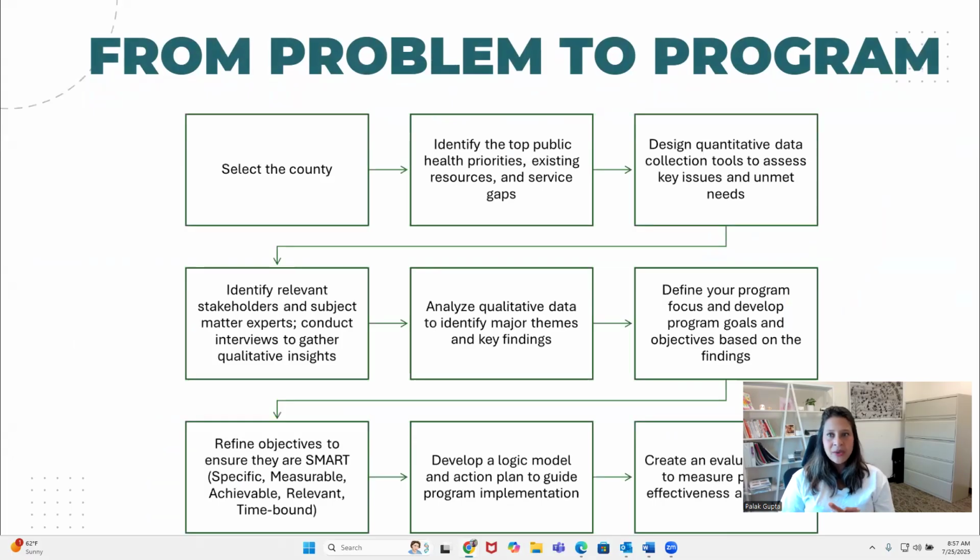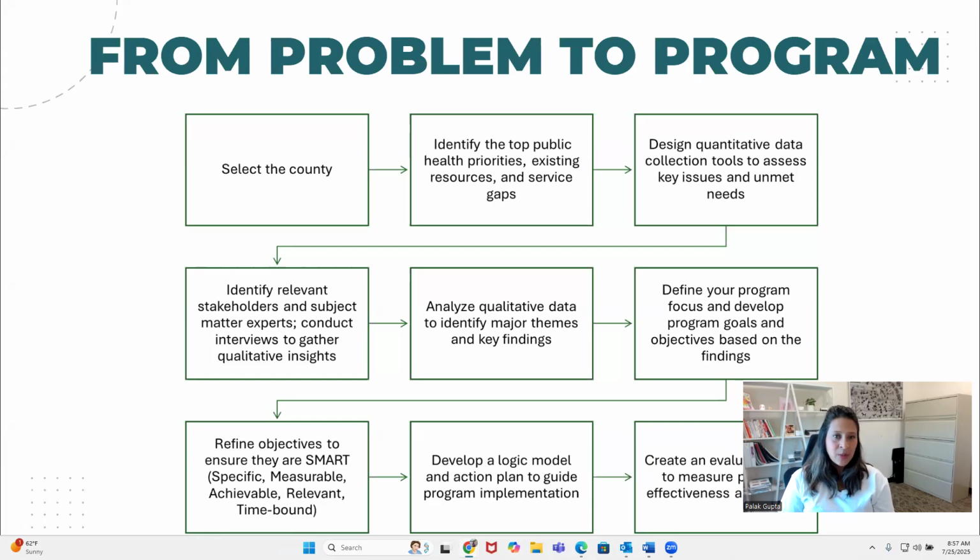So this slideshow shows the step-by-step process our students follow to move from identifying a real public health problem to designing a practical evidence based public health program. We start by having students select a specific county or community to focus on.